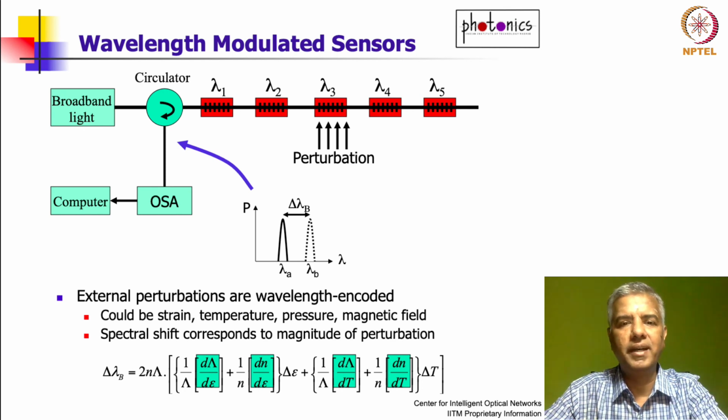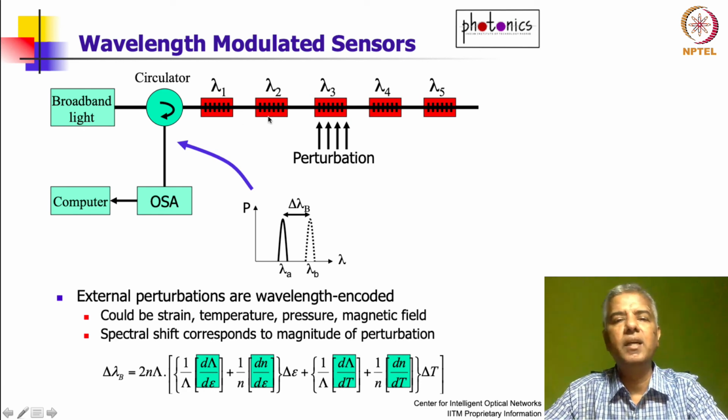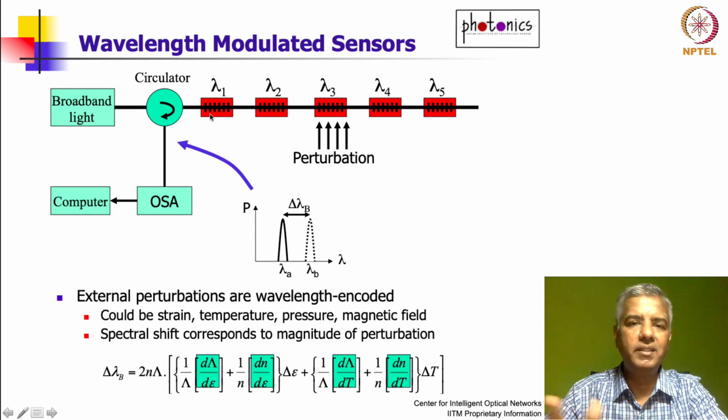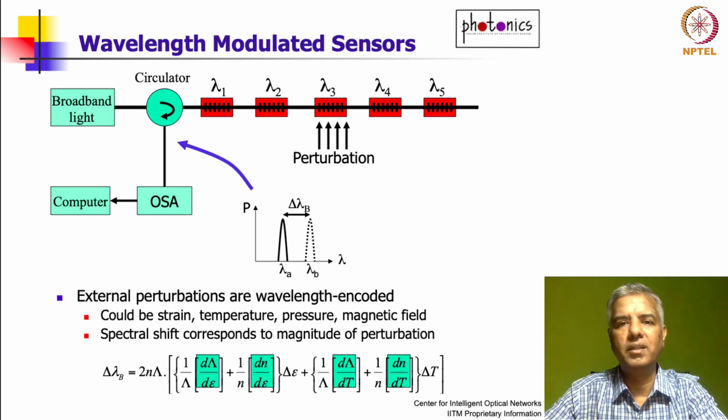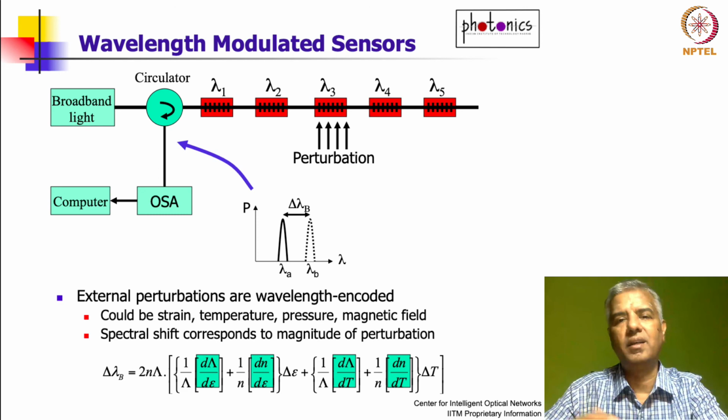You could concatenate multiple sensors, and this is simply done by having a slightly different period for all these Bragg gratings inscribed in this fiber, so each location corresponds to a slightly different color. This is like the color coding of mail, or say the dabbawalas, right?